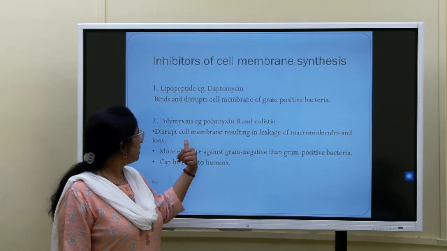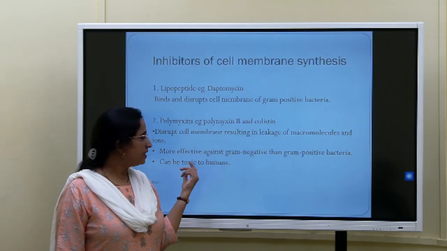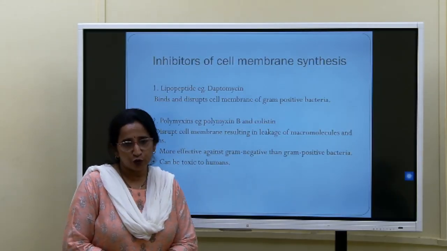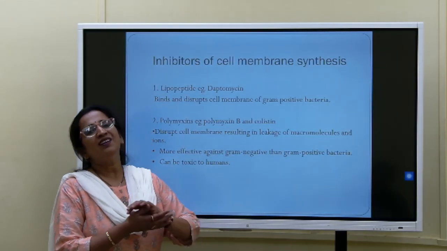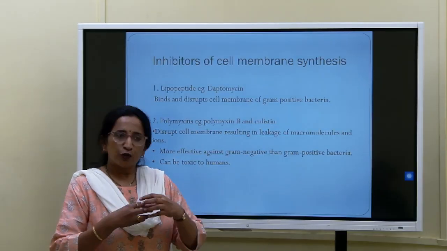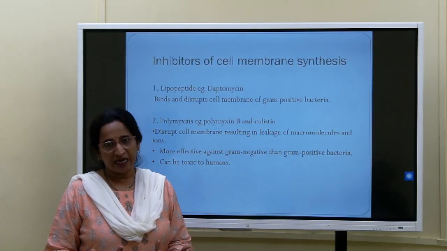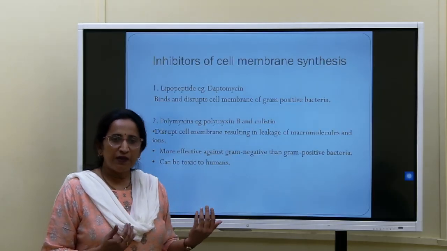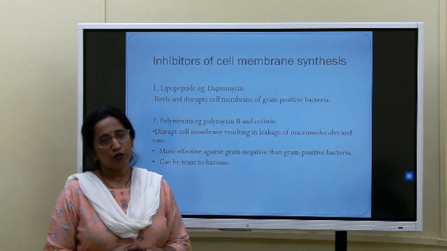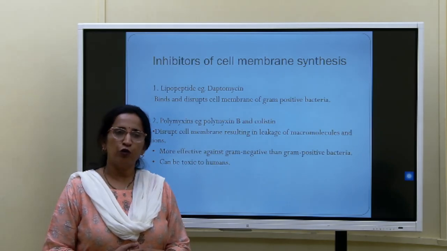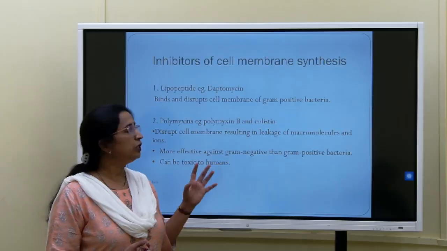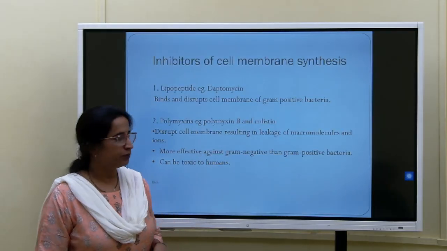The only disadvantage of polymyxins is that they can be toxic to humans also. Now, we humans also contain a cell membrane which is similar to the membrane of bacteria. So polymyxins can be toxic to humans because the human cell membrane may also be damaged. So they are usually used as a last resort.